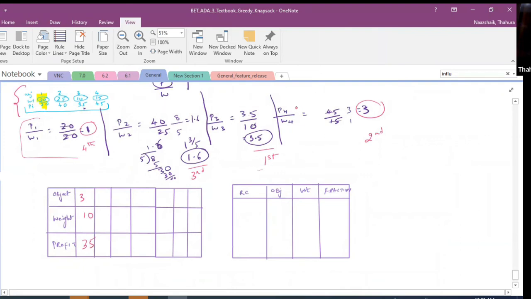Right, first. Second was the fourth object, so we need to pick this: 15, 45. Then your third object is P2. This is your third one: 2, 25, 40. And your fourth one, this one. Right? So 1, 20, 20.